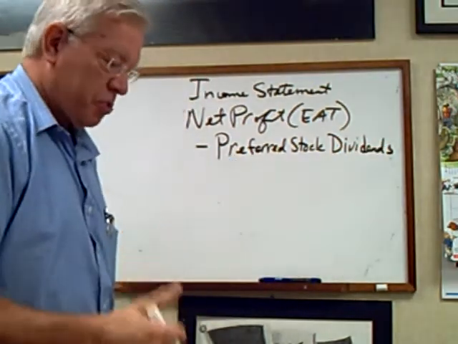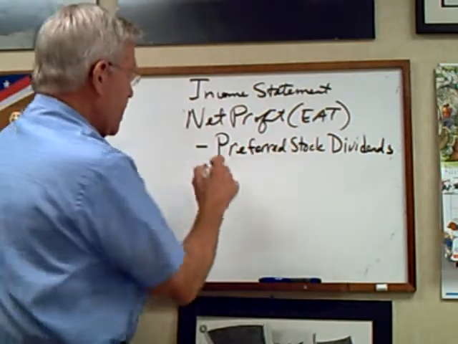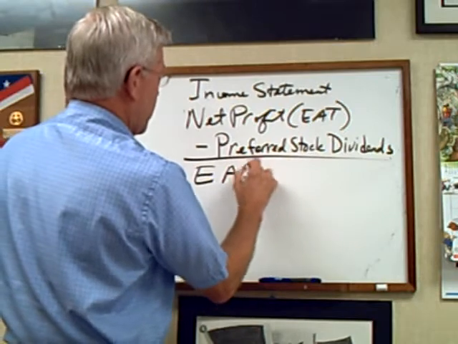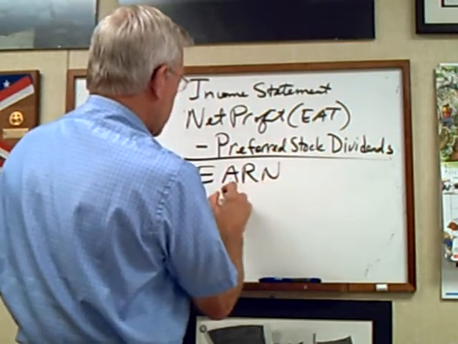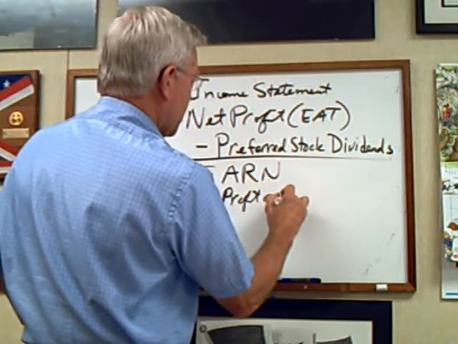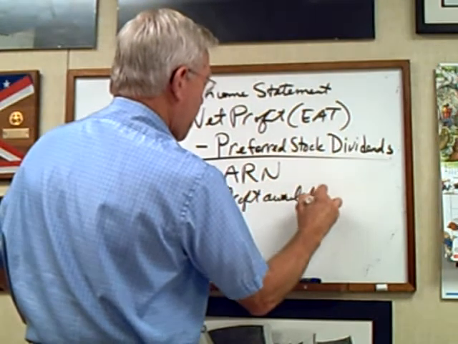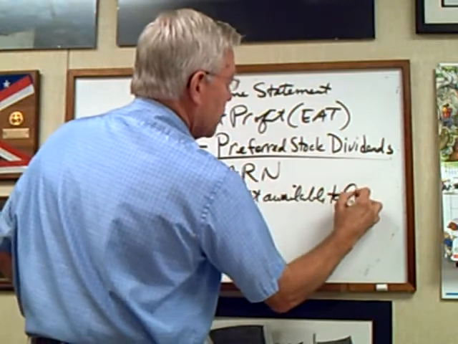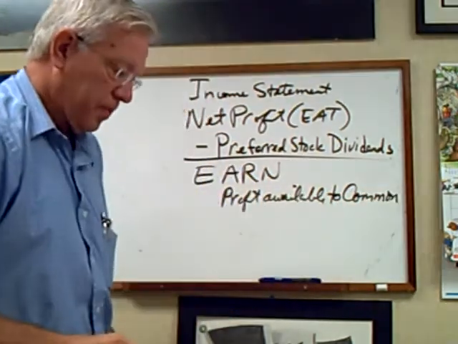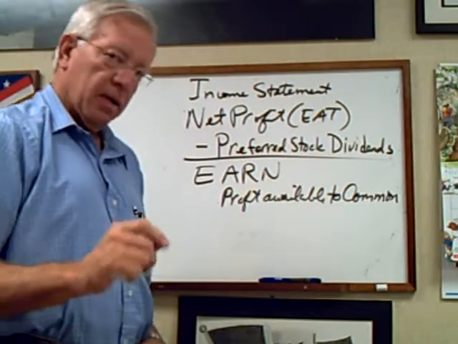They get paid first, preferred stockholders. And then that gives us what is called earnings, or the profit available to common stockholders. Okay? Common stockholders.